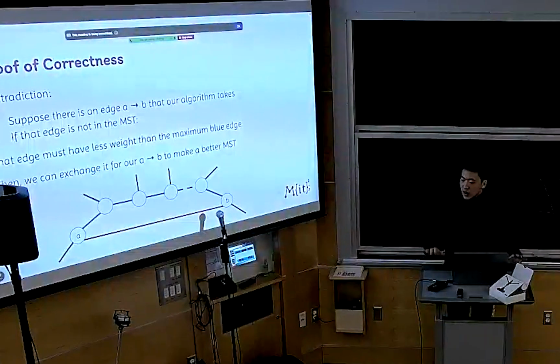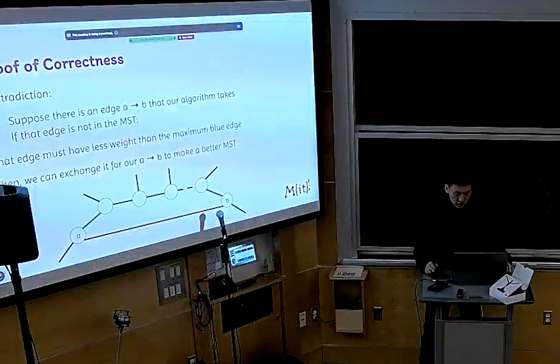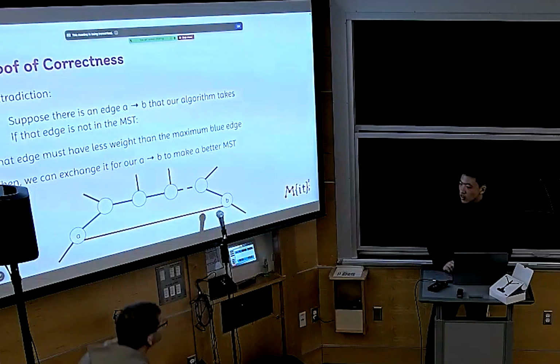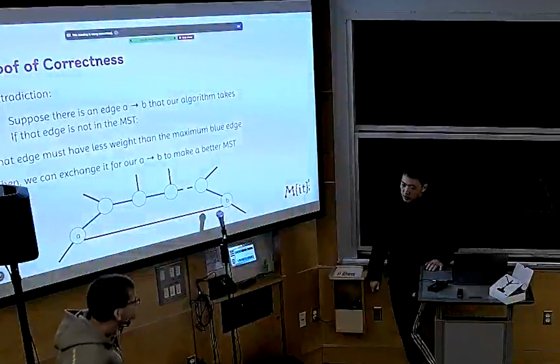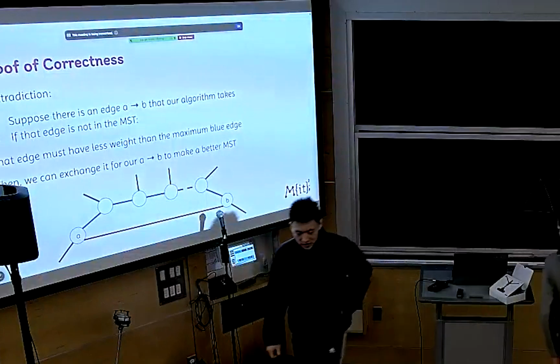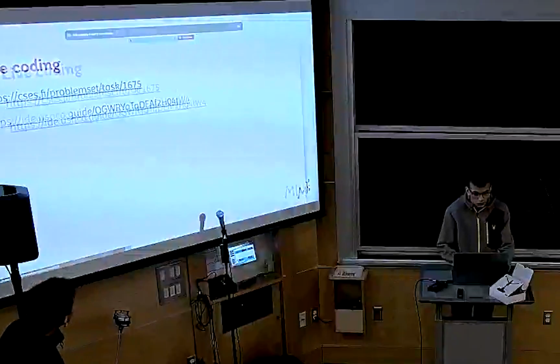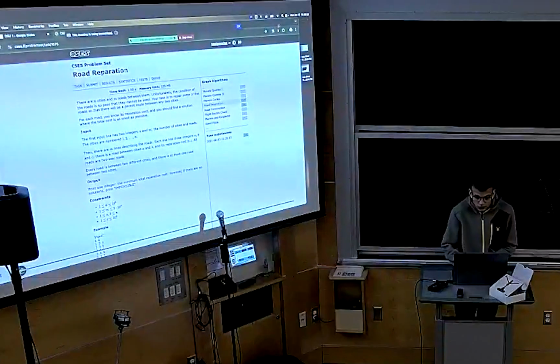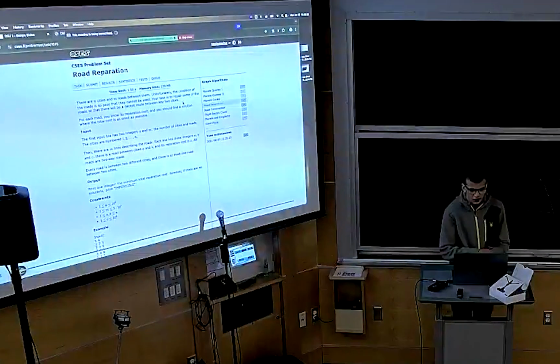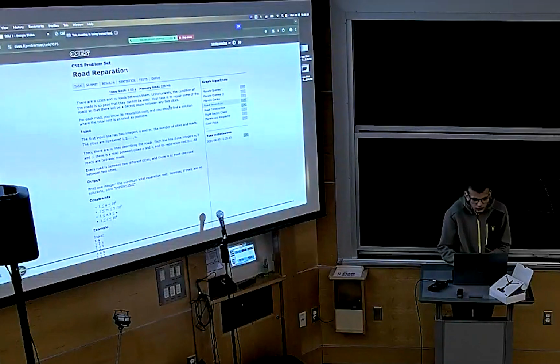Okay, so now I'll hand it over to Bolland to do a live demonstration of how you might code a minimum spanning tree. Okay, so I found a very simple template MST problem. There's a town with n cities and m roads between them, and you have to repair the roads to connect all of the cities.